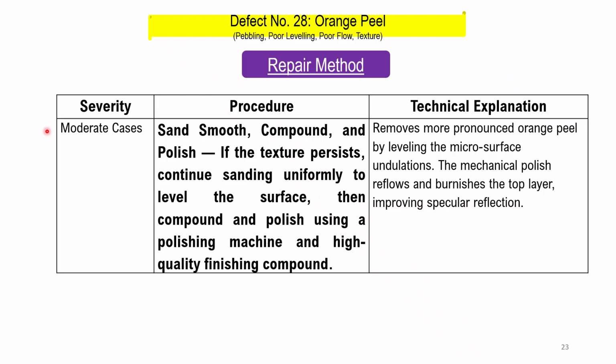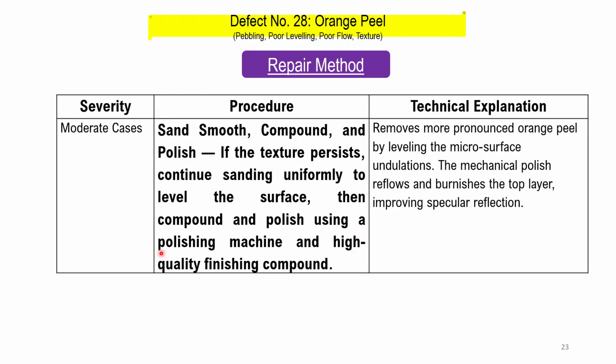Coming to the severity of moderate cases. In this case, sand, smooth, compound, and polish. If the texture persists, continue sanding uniformly to level the surface. Then compound and polish using a polishing machine and high quality finishing compound.